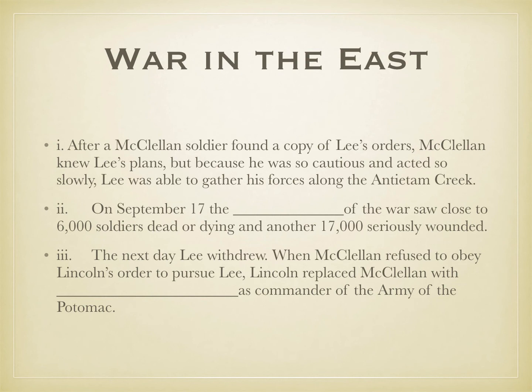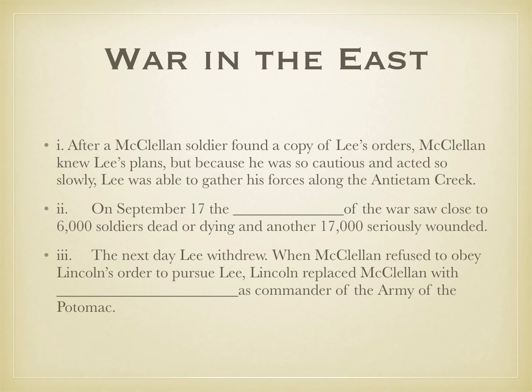But as he unwraps the cigars, he realizes that what is wrapping the cigars is a copy of Lee's battle orders. And so this foot soldier probably goes running to McClellan and says, look at what I found. He probably kept the cigars for himself, but he said, I found a copy of Lee's orders. So now McClellan actually knows Lee's plan ahead of time. And if he had acted immediately, he could have maybe destroyed Lee's army, but he doesn't.